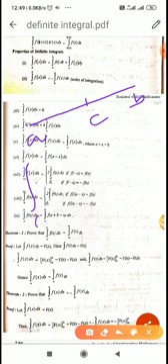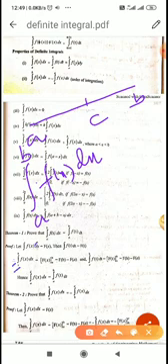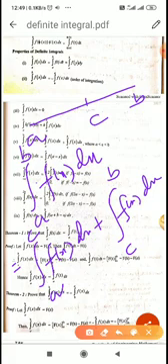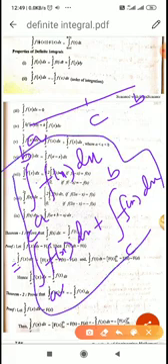The integral from a to b of f of x dx we can break into the integral from a to c of f of x dx plus the integral from c to b of f of x dx. Okay, we have to remember this property of a definite integral.